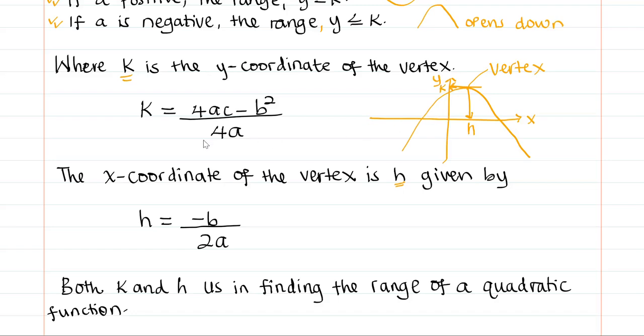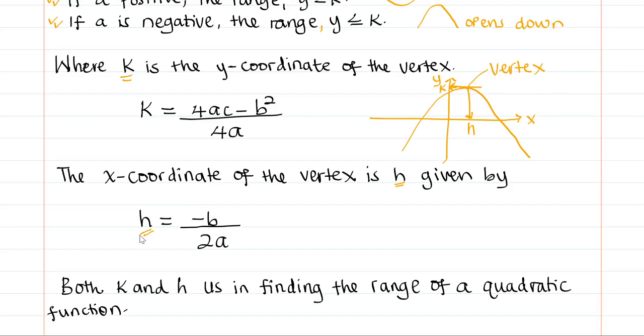So if I say the y-coordinate of the vertex, I mean k, and that means the coordinate on the y-axis at the vertex or at the turning point of the curve. When I say h, I mean the x-coordinate of the vertex or the x-coordinate of the turning point of the curve. So k is the y-coordinate and h is the x-coordinate of the vertex respectively.